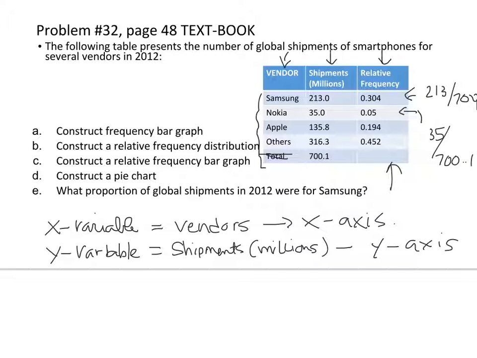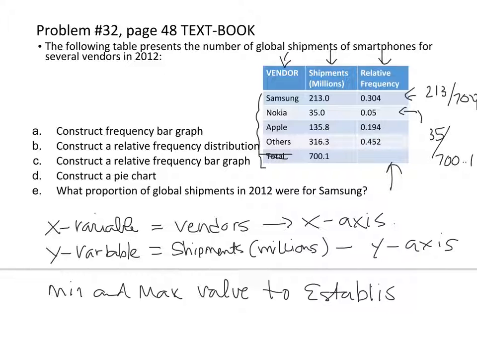The shipments, on the other hand, we have to look at, so for the y variable, we look at the minimum value and maximum values to establish the scale.